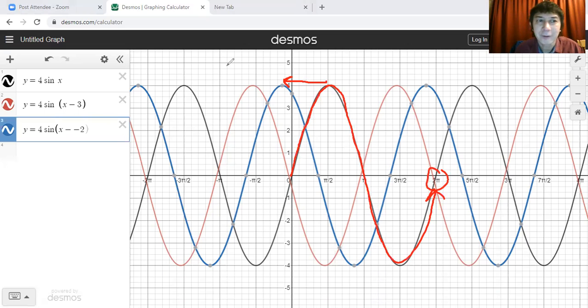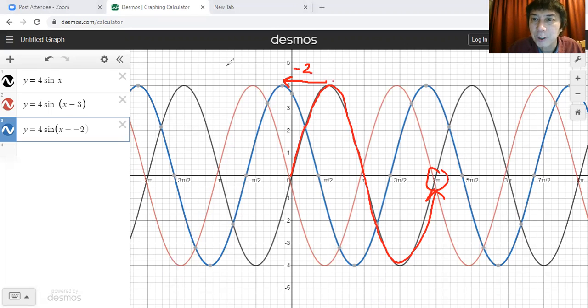Now, the subtracted negative 2 is this. That is why from the black sine graph, it moved to the left. Now how about the x minus 3? Well, we subtracted a positive 3. Minus positive 3.